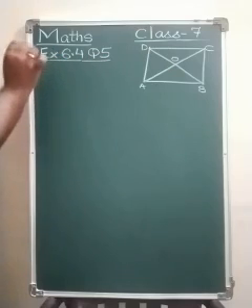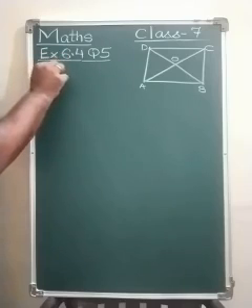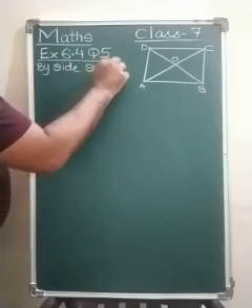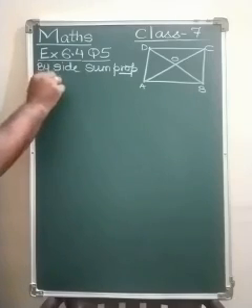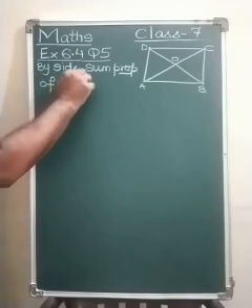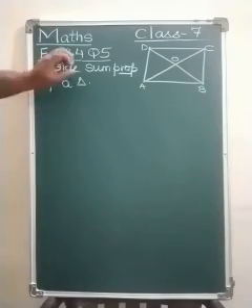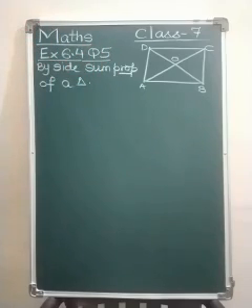Now first of all, we will write down the side sum property of a triangle. That means everywhere we don't need to write it; first of all, we have written down which property we are going to use.